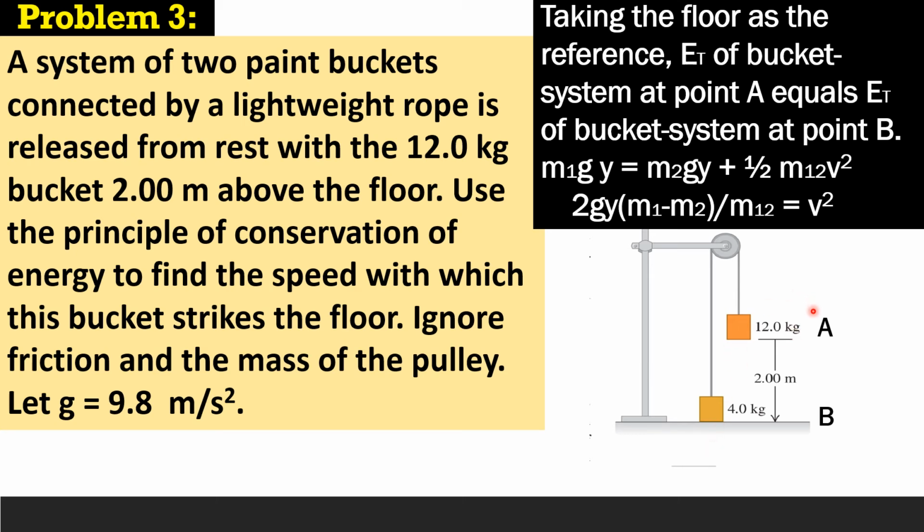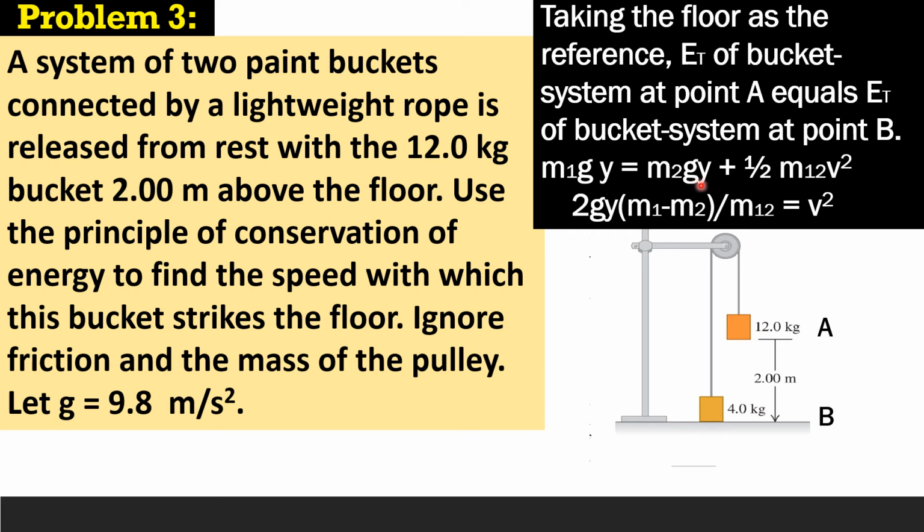Because for the 12 kilogram, upon reaching or about to reach point B, we said its potential energy is 0. But at the same time, that of the 4 kilogram mass, since it has acquired a certain vertical distance, will also have its own potential energy, and that is here represented by m2gy.